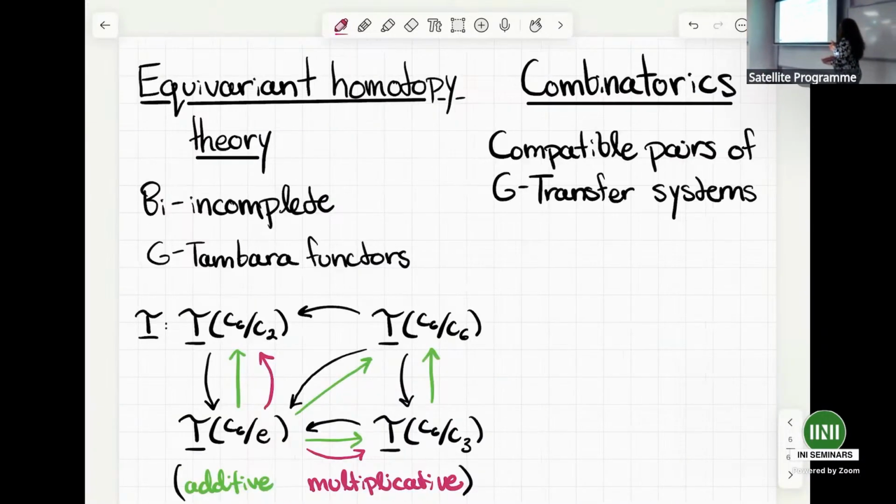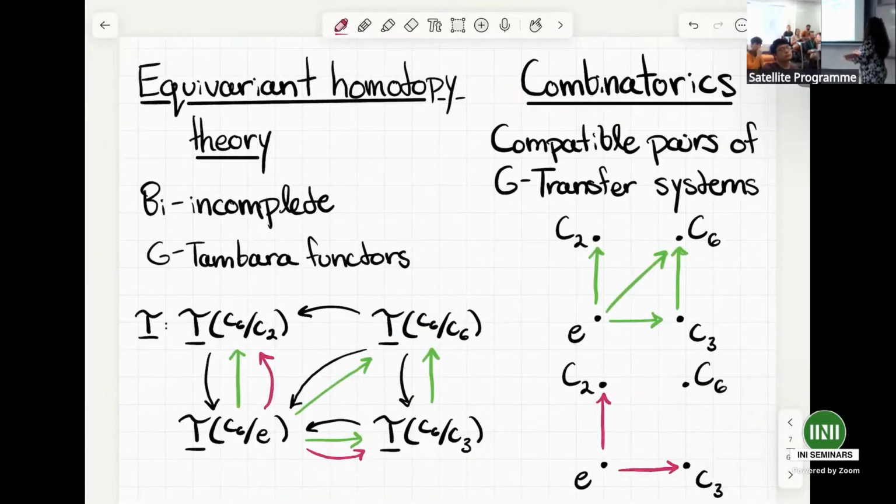Like Mike talked about today, he and Andrew found out that there's a way to do this with G transfer systems. Now all of a sudden I can draw you two G transfer systems, and yes, the colors are on purpose. This is so much easier to look at, because now I just have vertices.